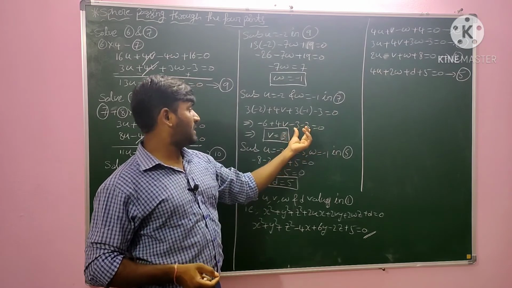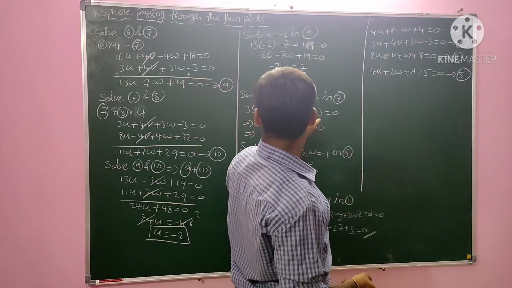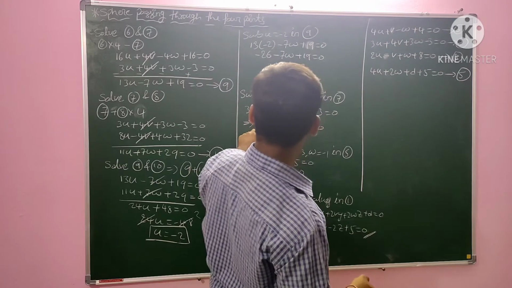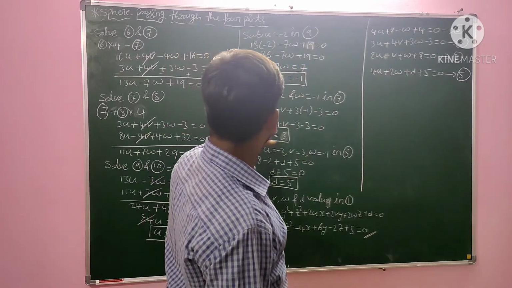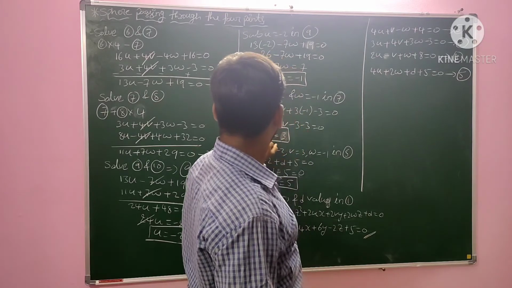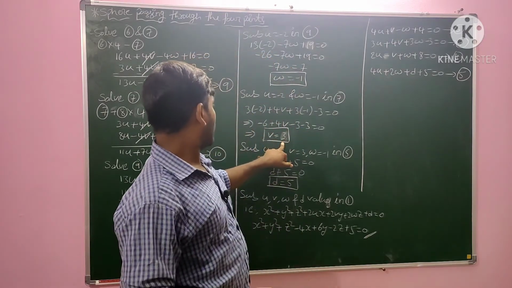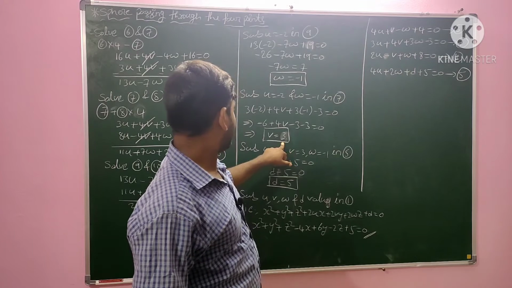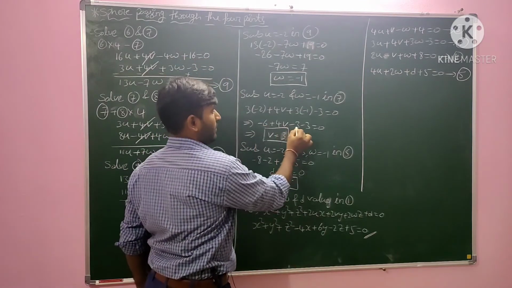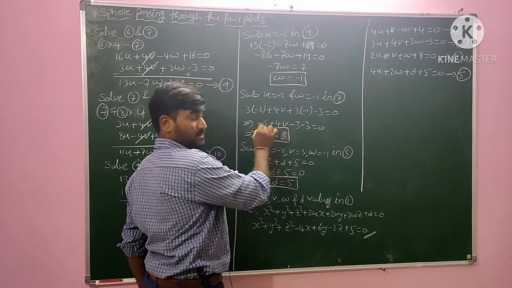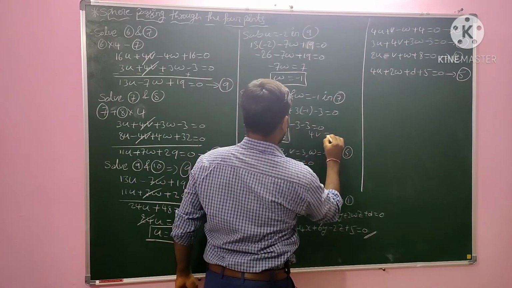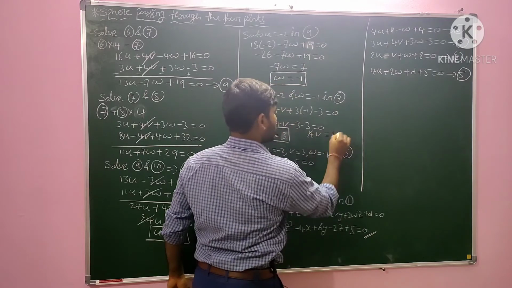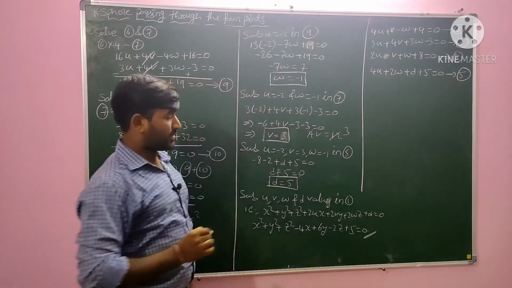Here 3 into w is minus 1. Then minus 3, minus 6, minus 12, that is 4v equal to 12. 4 ones are 4, 4 threes are 12, v equal to 3.